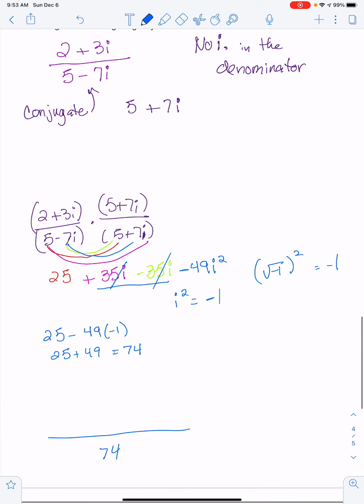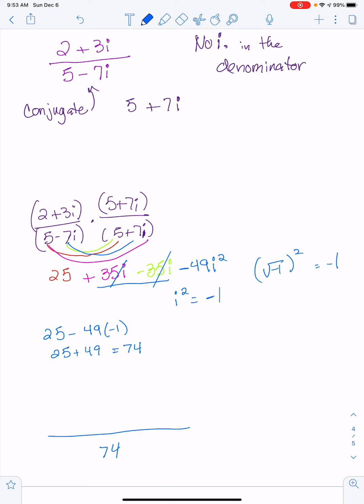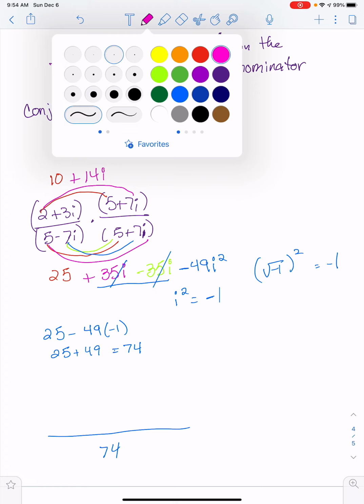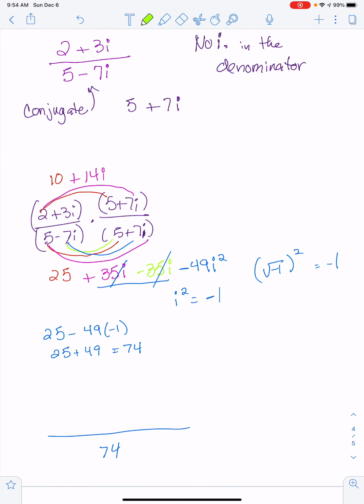Now I'm going to do the same kind of math in the numerator. So I'm going to multiply my first two terms, and that's going to get me 10. I'm going to multiply my two terms here and get plus 14i. And then I'm going to multiply these two and get plus 15i.